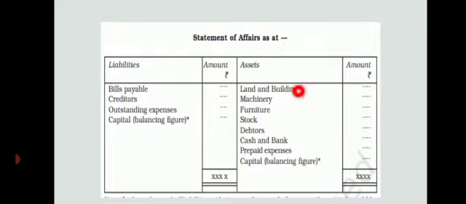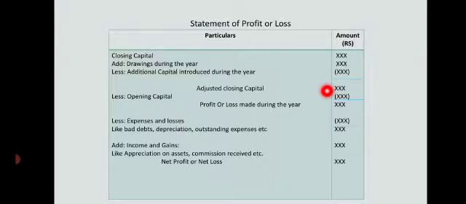Now this is the format of a balance sheet, but under single entry system we call it the statement of affairs, right? So: liabilities, amount in rupees; assets, amount in rupees. On the liability side we record all the liabilities, long term as well as short term. On the asset side we record fixed assets as well as current assets, right? So this is very important.